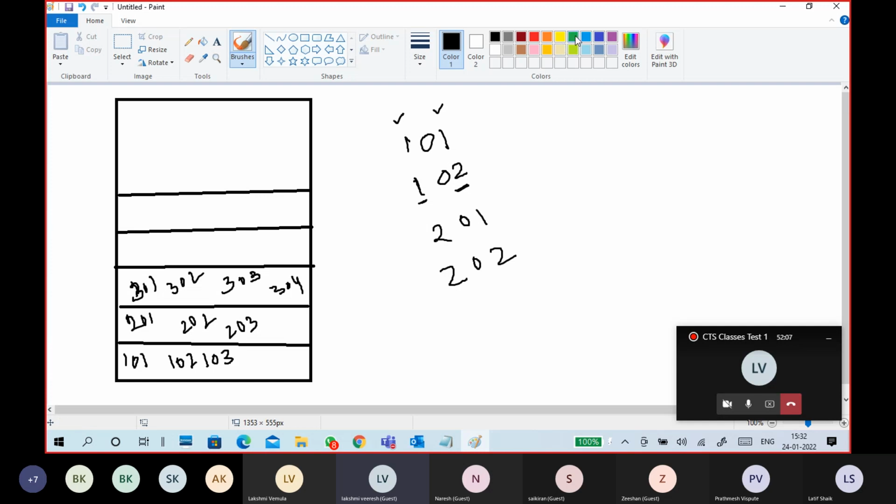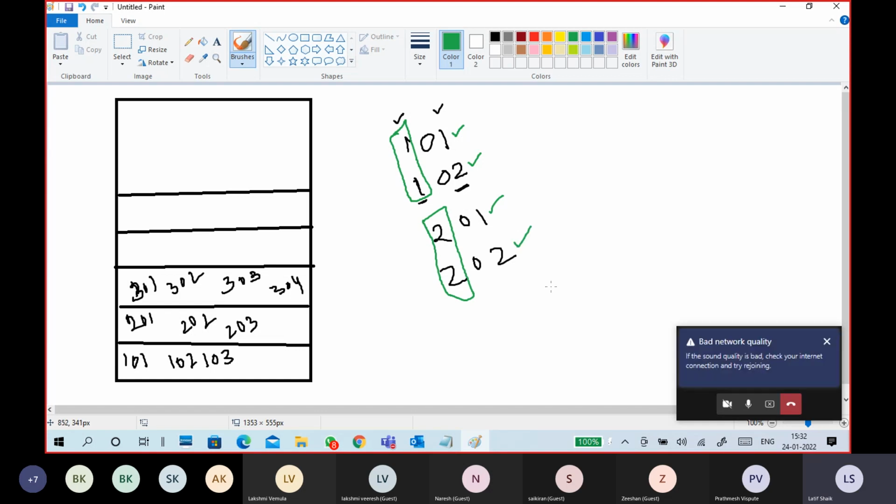That's the first floor, room number 1. Very good. This represents the first floor, this represents the second floor. This represents the first apartment on the first floor, the second one on the first floor, the first one on the second floor, the second one on the second floor.